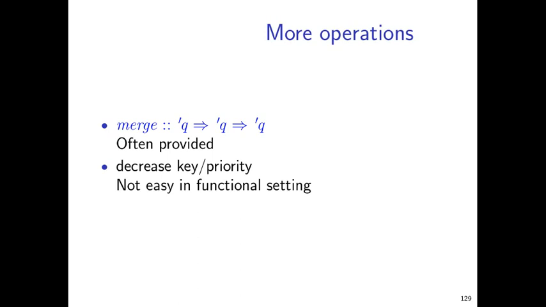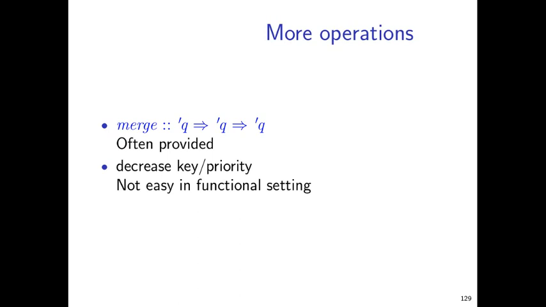So in our simplified setting, decrease key cannot be really implemented because we don't have keys to reference to elements in the priority queue. We just identified elements of the priority queue and priorities. So the decrease key operation is not really meaningful. The only thing you could do here is you could remove, we cannot remove elements.